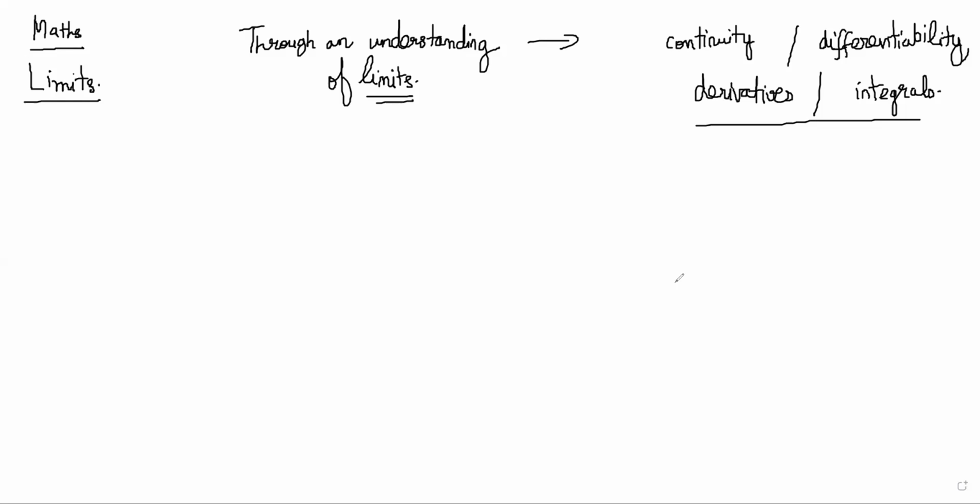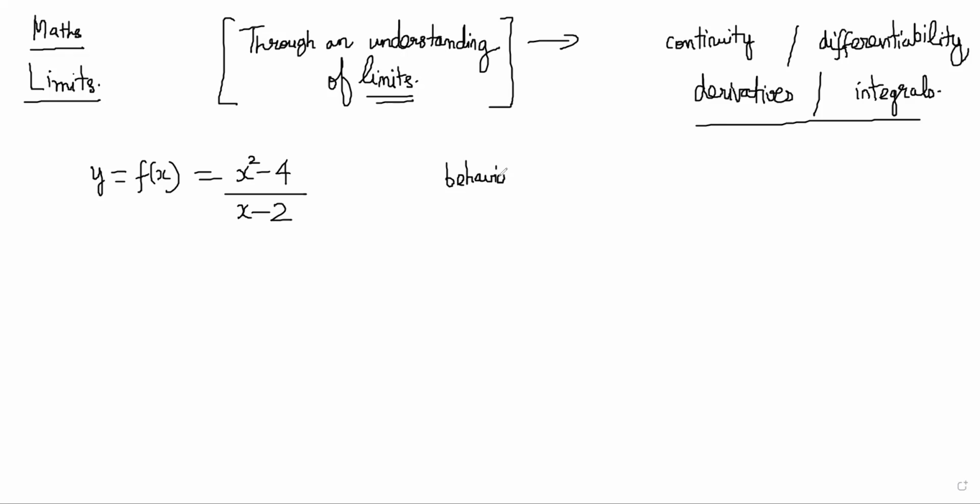So what we mean by this idea is that if there is a function y is equal to f(x), let's say (x square minus 4) by (x minus 2), what we want to understand is the behavior of the function as x becomes close to some particular value, let's say a. So what is the value of the function, or where does the function tend to?